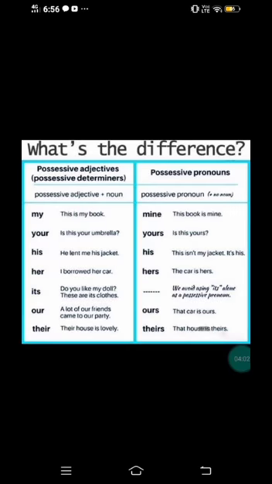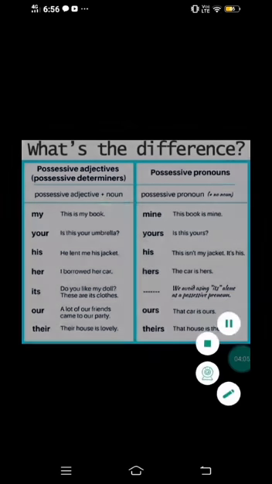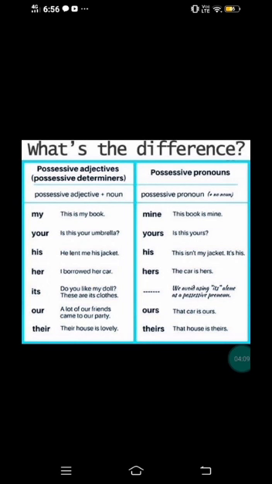You might get a doubt that, teacher, how to identify these possessive adjectives and pronouns in the sentences. Here it is. By this difference, you can easily identify them. To identify possessive adjectives, in the sentence, first you will find the possessive adjective, then comes the noun. Possessive adjective plus noun.